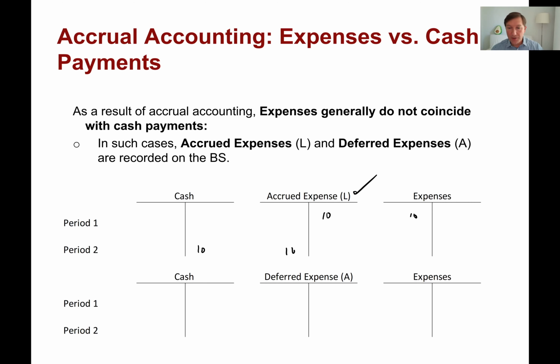Then we have deferred expense account, which happens when we make a payment but defer expense until the future, right? So we pay cash and we record an asset, right? An example of deferred expense could be a prepayment for inventory, right? An example of deferred expense is actually inventory, because inventory is going to be expensed ultimately, right? So that's all under the class of deferred expense.